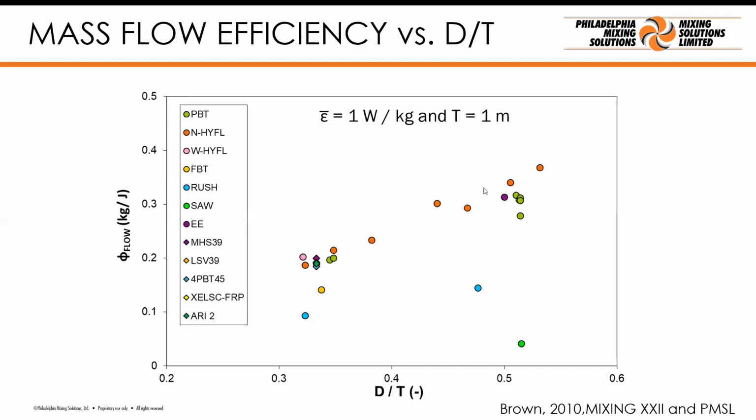So if we're looking at a process which is driven by flow, where shear is not an important mixing characteristic that we need, we're going to choose a hydrofoil impeller of larger diameter, half the tank diameter. But what we have to remember is that these impellers are actually going to be running at a high speed and a high tip speed.